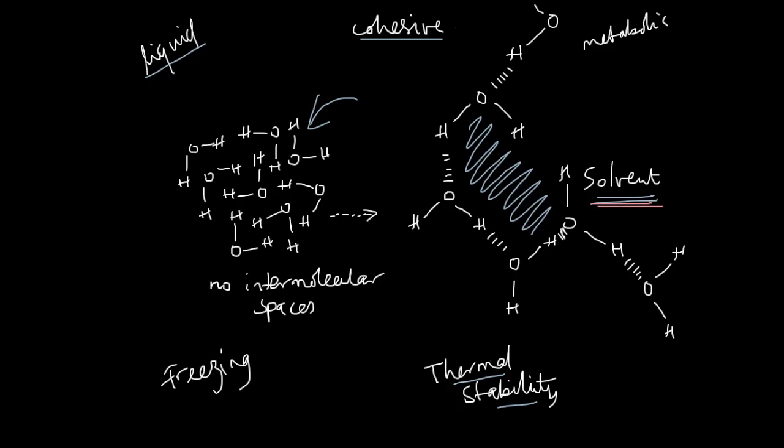So that is the reason why when water freezes, it becomes less dense, because in the arrangement of the lattice or the crystal structure of water, there are many more intermolecular spaces, and because of that extra space, water is less dense.